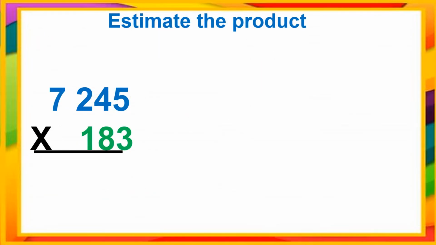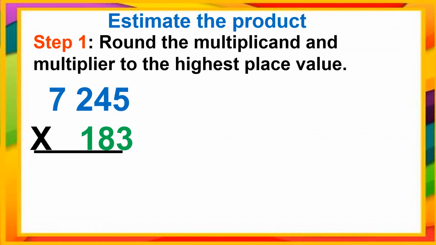We're going to estimate the product of 7,245 times 183. So we're going to follow the same steps. Step number 1, we're going to round the multiplicand and multiplier to the highest place value. Look at our multiplicand. This is a 4-digit number. So the number here that has the highest place value is 7.